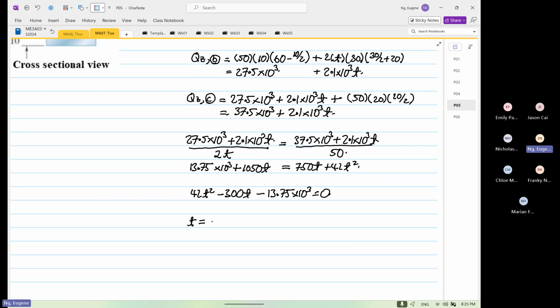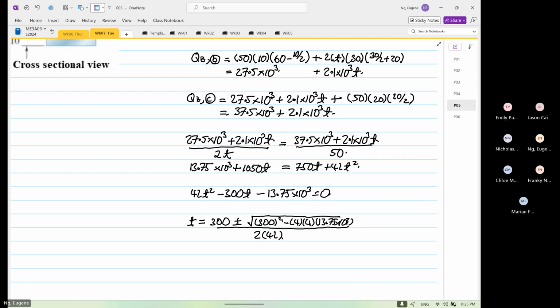So thickness is 300 plus or minus the square root of b squared, which is 300 squared, minus 4 multiplied by 4 multiplied by 13.75 times 10 to the power 3, and divide by twice 42.